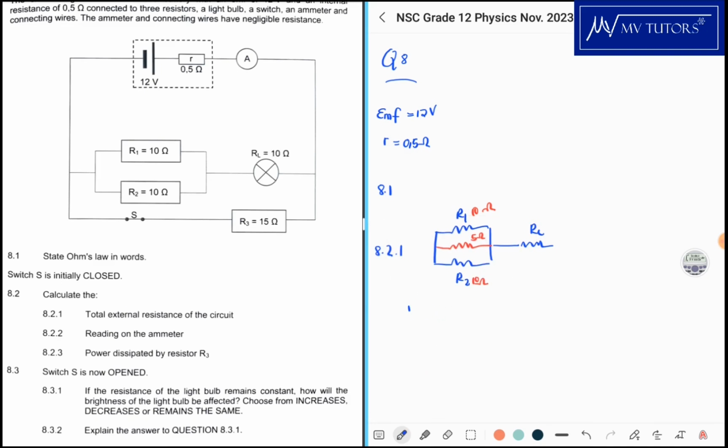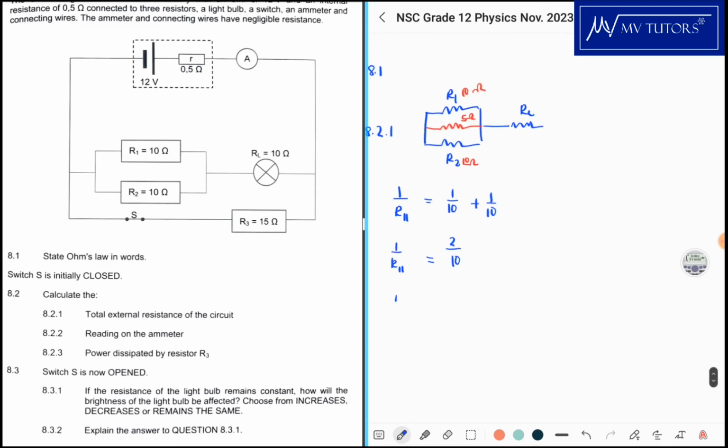So let's pretend we don't know. 1 over the parallel resistance is 1 over R1 plus 1 over R2, which is 1 over 10 plus 1 over 10. We have the same denominator, so we can add the numerators, which gives 2. If you want the parallel resistance, it's 10 over 2, we just swap it around. Therefore, that parallel resistance is 5 ohm.